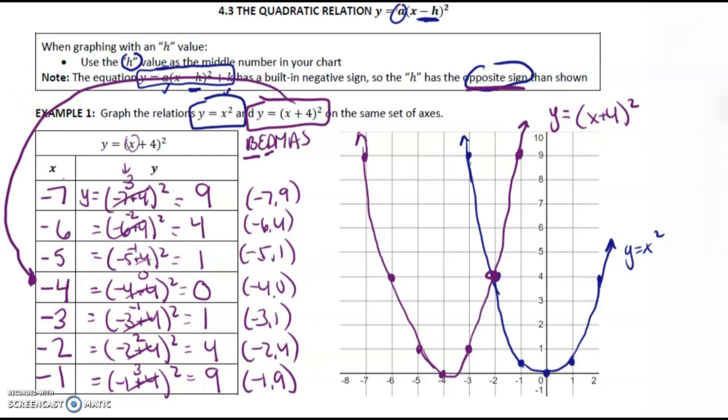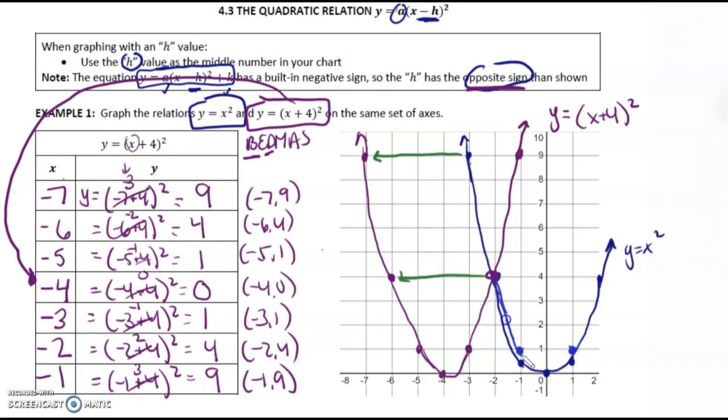Before we move on, let's talk about what's going on and what we see going from the blue graph, which is our original, to the purple graph, which is our transformed graph. I apologize, this is supposed to be here.